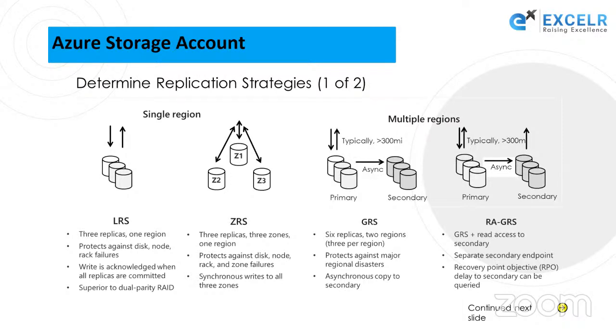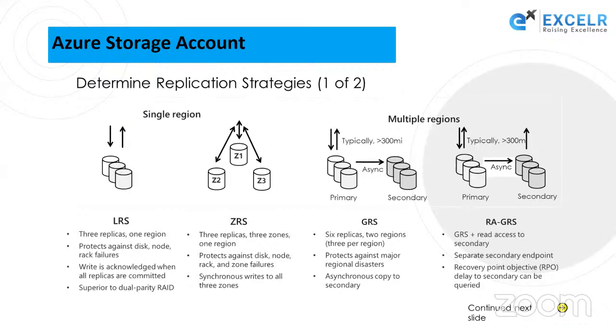With this, it is giving you a RAID functionality, a superior dual parity RAID functionality by using this LRS. If you need more details about the RAID configuration and so on, you can just go and look at RAID 0, RAID 1, RAID 5, RAID 6. These are the options which are available. This LRS is going to provide you a durability of 11 nines, which is measured over a period of 1 year.